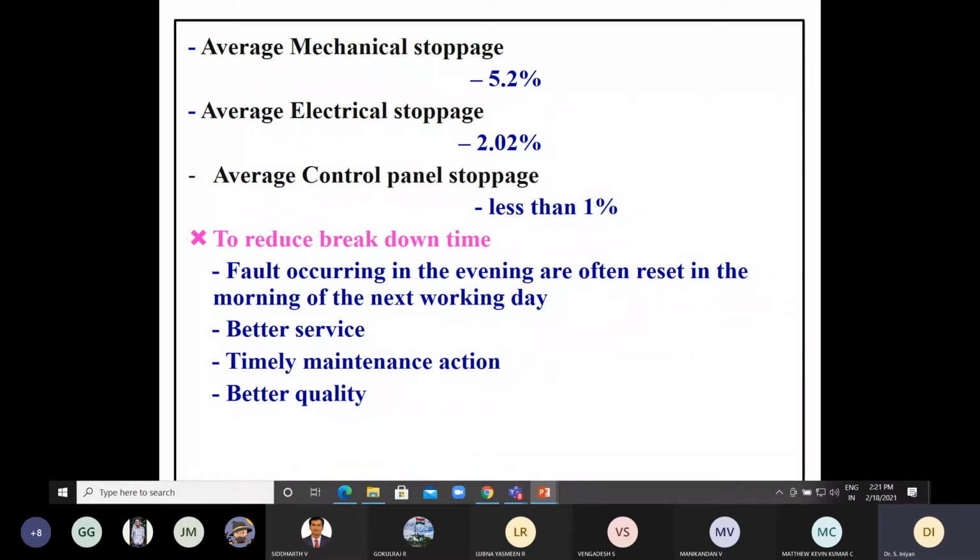So by using these we are going to reduce the breakdown time. And with quick maintenance actions, there will be no stoppage of this much percentage, right? The time for maintenance actions will be less, and the quality better. If better quality is available, there is no need for maintenance 12 times.